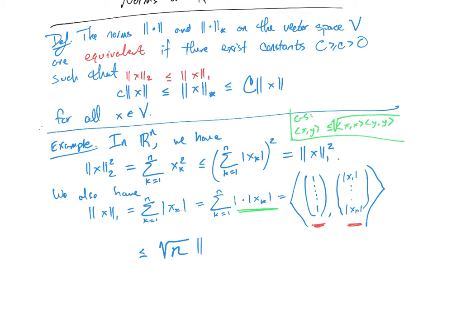So when we take the square root, we get the 2 norm of x. Okay, so that inequality was Cauchy-Schwarz, and we get this inequality.